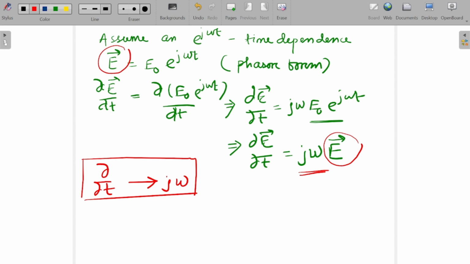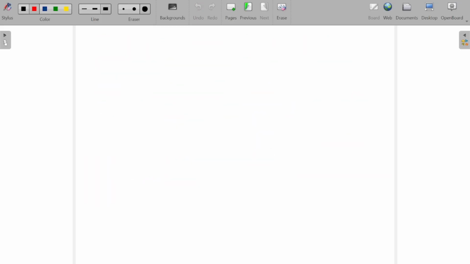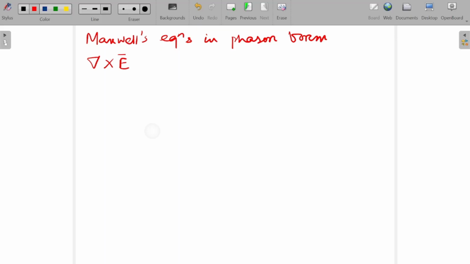So using this we can write Maxwell's equations in phasor form. The first one, the curl of this electric field, can be written in this manner: it can be written as minus j omega B minus this magnetic current density.